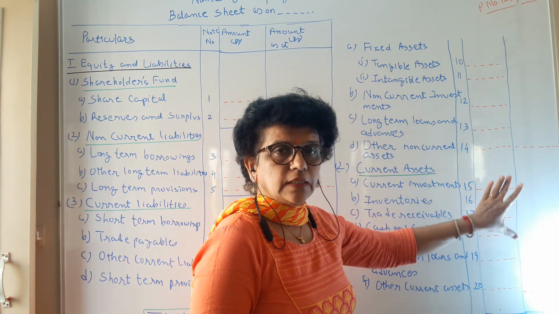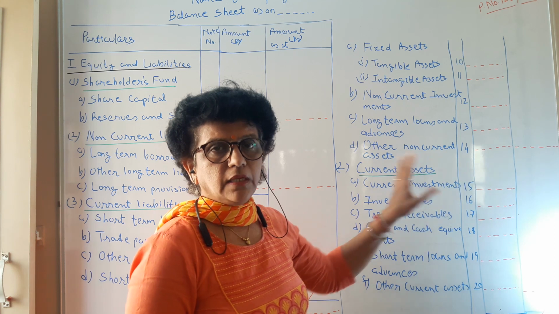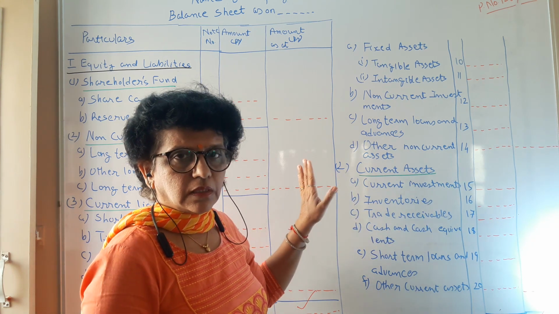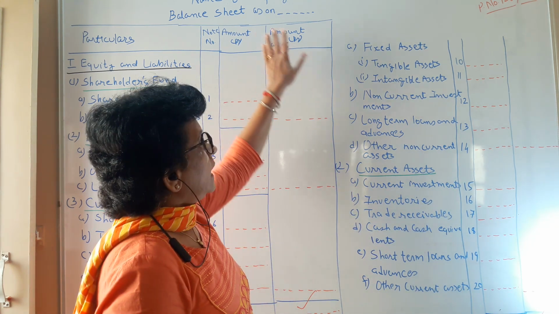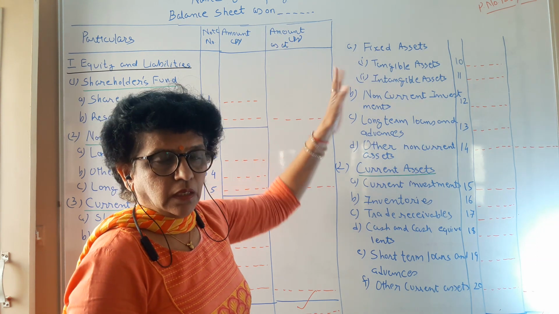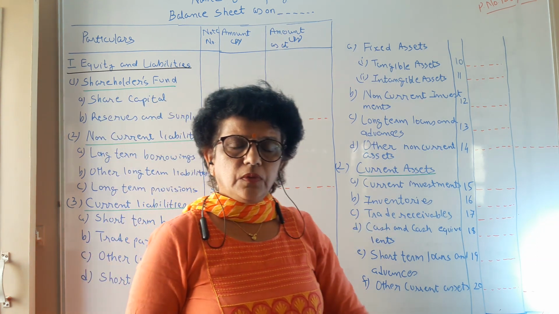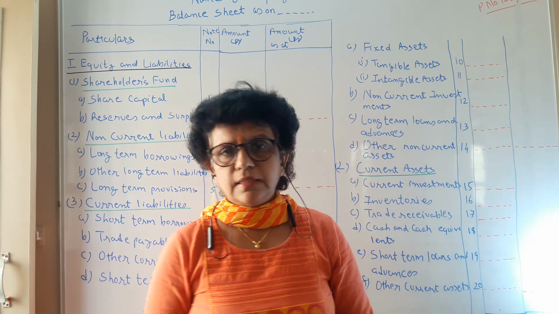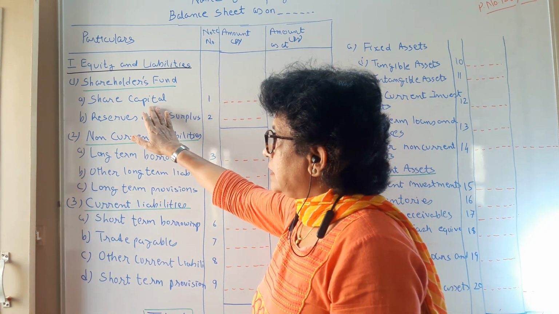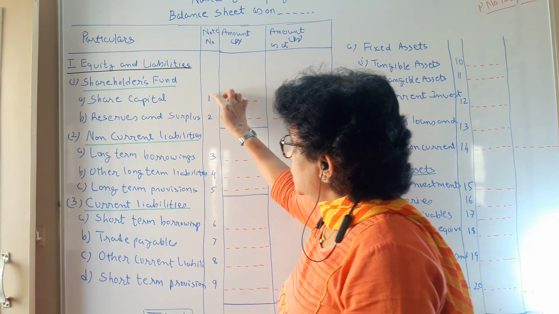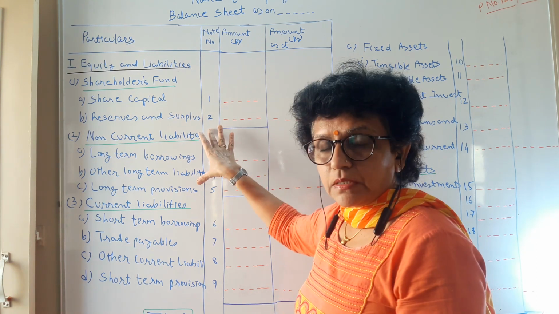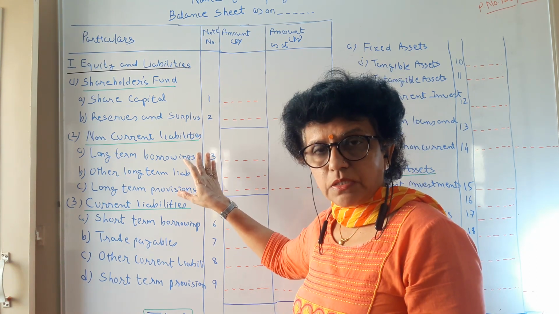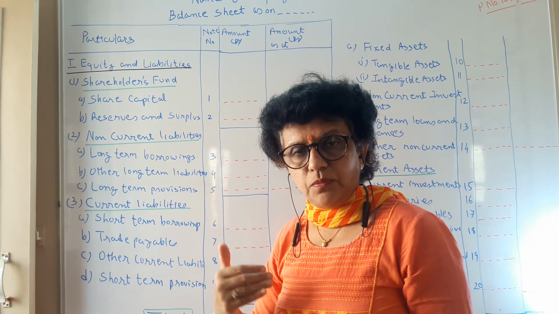So this is the format for preparing the balance sheet as per the Companies Act for any given company. One more format we have to learn, that is profit and loss, and then we need to understand the subheadings of each, the notes which we have written. The subheadings, what can be possible, those subheadings are to be learned.